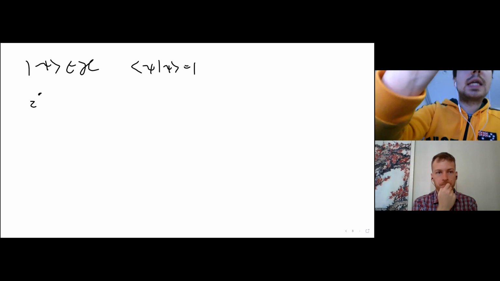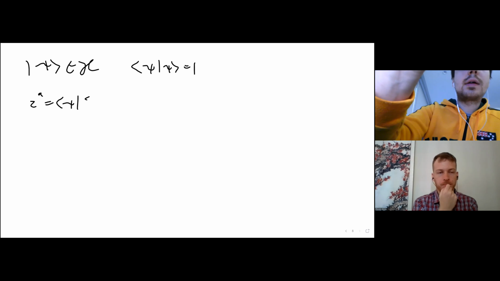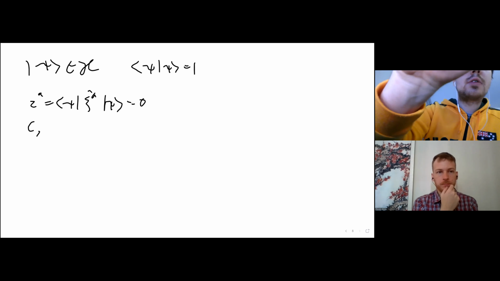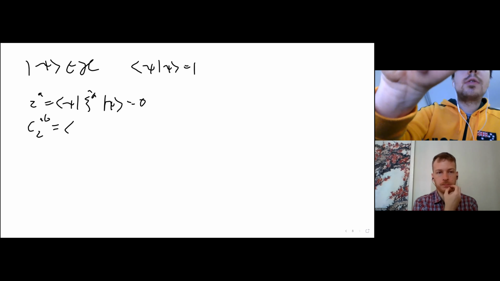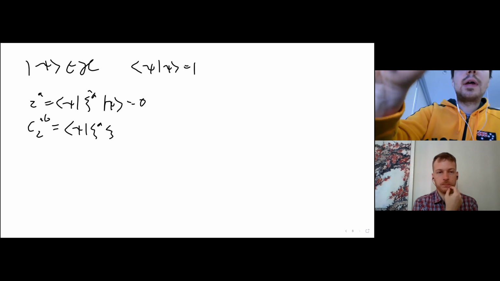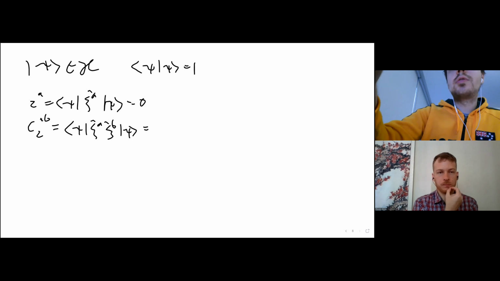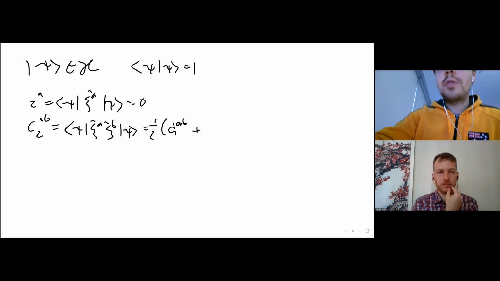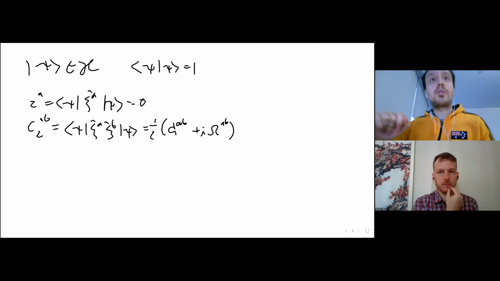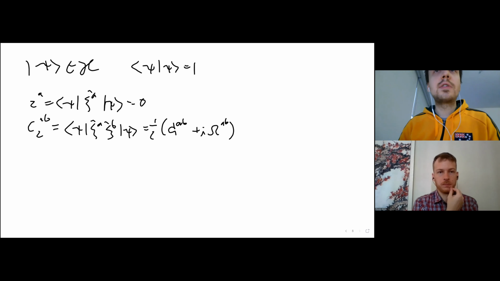And then we had ZA, the expectation of psi A, equal to 0, and C2 AB equal to psi A psi B expectation value, equal to 1/2 GAB, which was positive definite and symmetric, plus I omega AB, which was antisymmetric. So this is true for any quantum state in Hilbert space, satisfying the first condition that ZA is equal to 0.